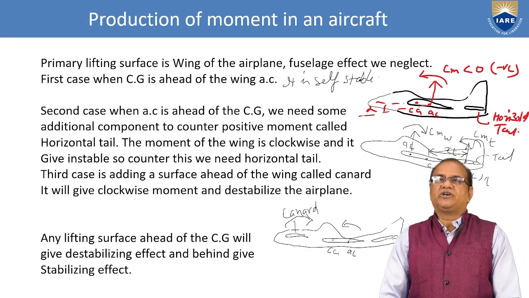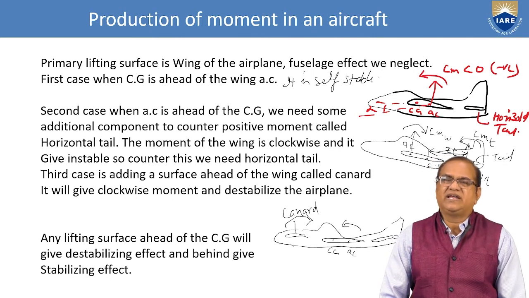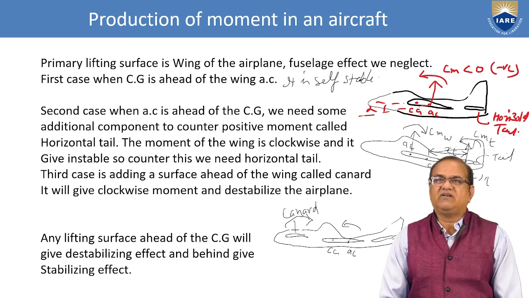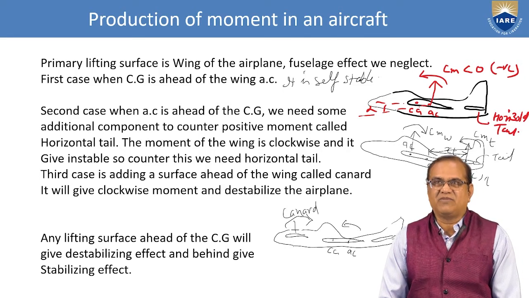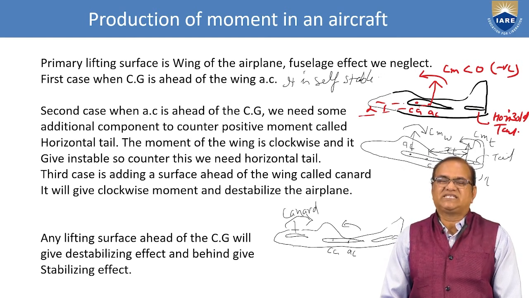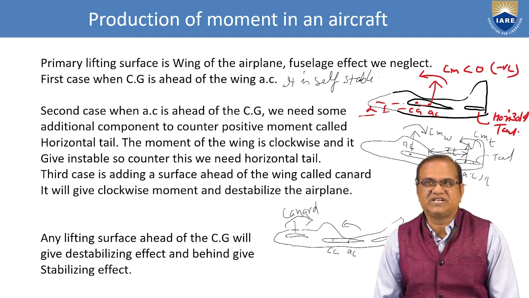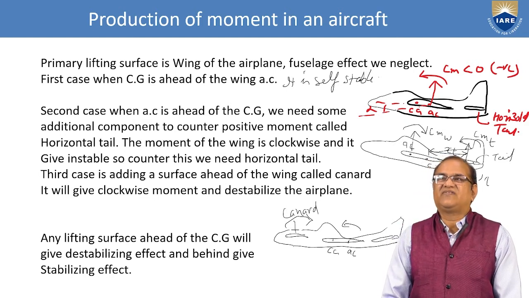Now, production of moment in an aircraft. This is again in the same way. The primary lifting surface is the wing of the airplane. The fuselage effect we normally neglect. First case, when the CG is ahead of the wing aerodynamic center, it is self-stable.